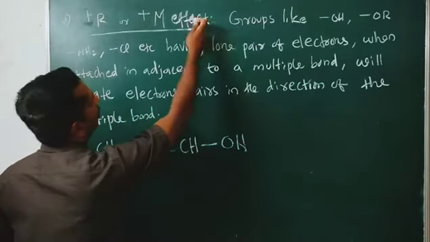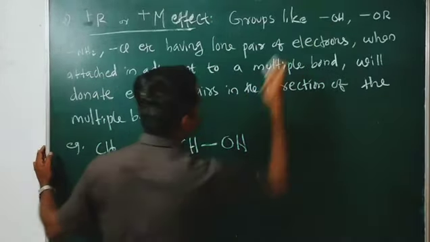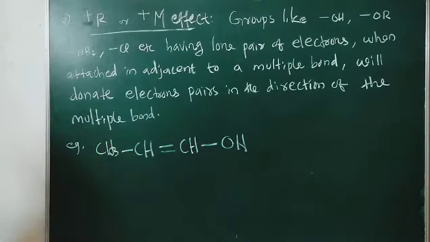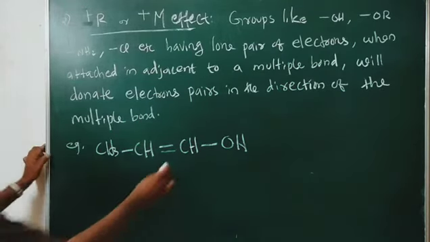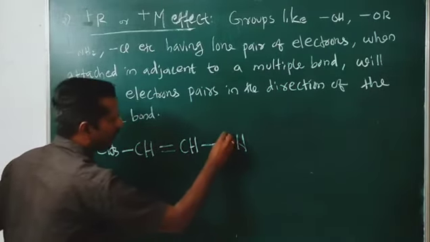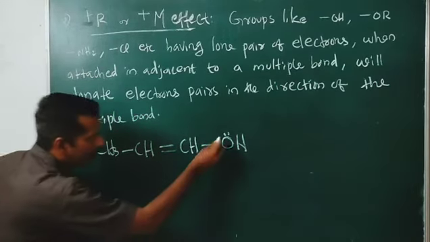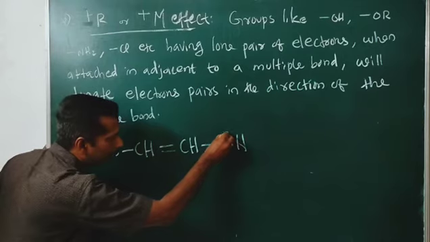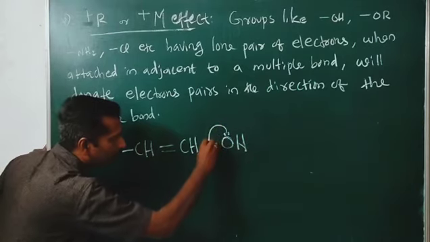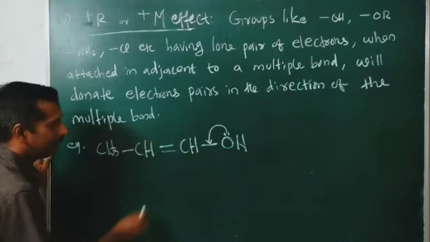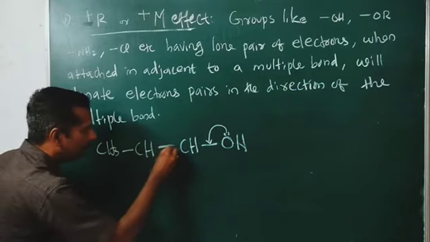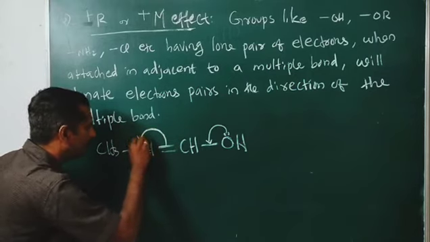See here, OH is attached. Now in this case you can see that oxygen has a lone pair of electrons. What will happen to this lone pair? This lone pair of electrons will be shifted to here, correct? Then this pi electron will be shifted to this carbon.